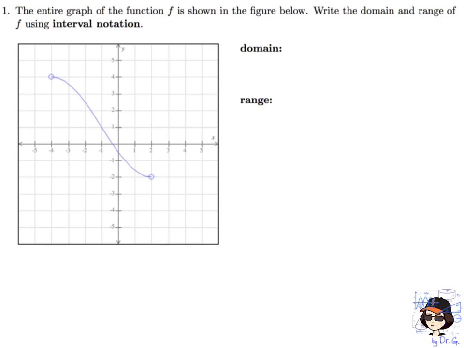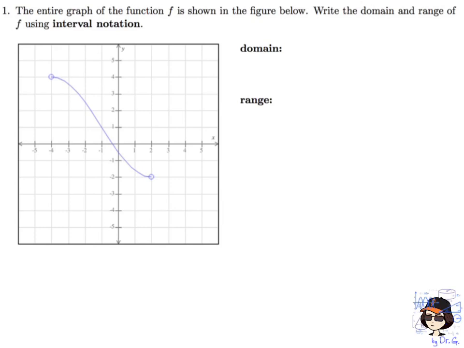We're looking at the graph, and we want to write down in a compact, efficient way all the x coordinates that appear on this graph. We can't possibly list them all because it's an infinite set.